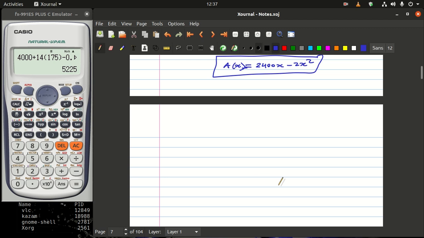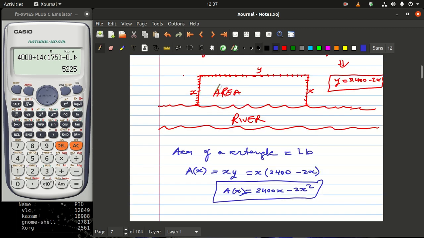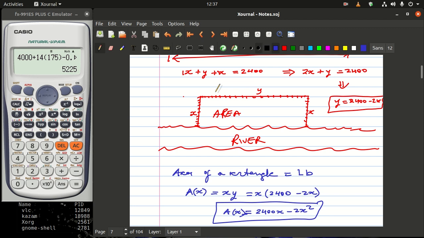Now, how do we maximize the area of a function? To find the maximum area here, I want you to take note of this whole thing here. Let's say I were to just increase this y here.